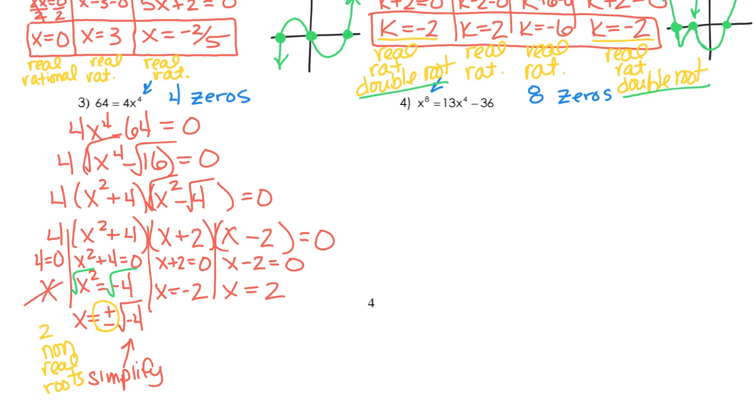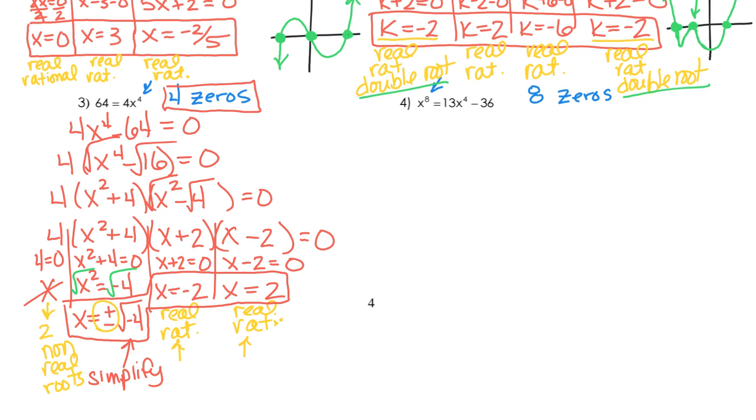If I move over, this is real and rational, and this is also real and rational. Remember that we said up at the top we'd have 4 zeros, so we have 2 here, a third one here, and then the fourth one here. So we were correct. All right, we'll go box those up. Those are our 4 zeros that we said we would have up here.